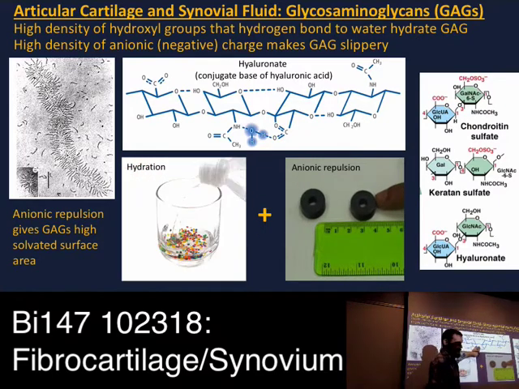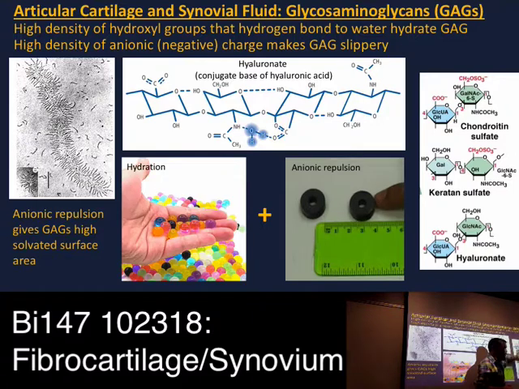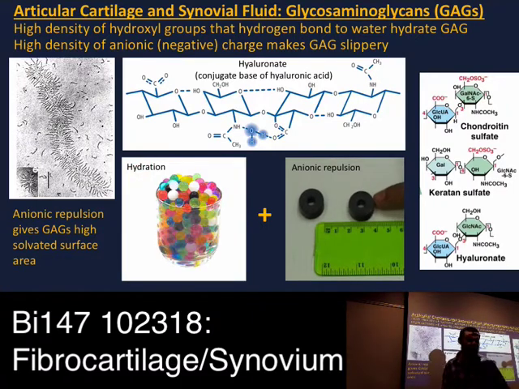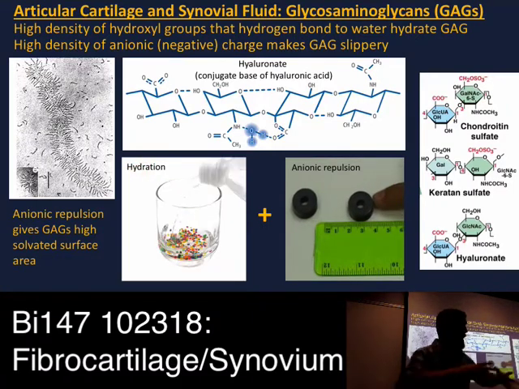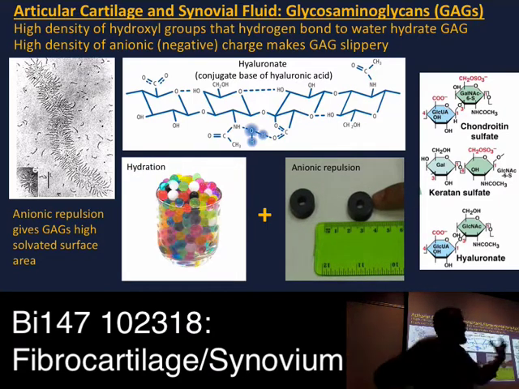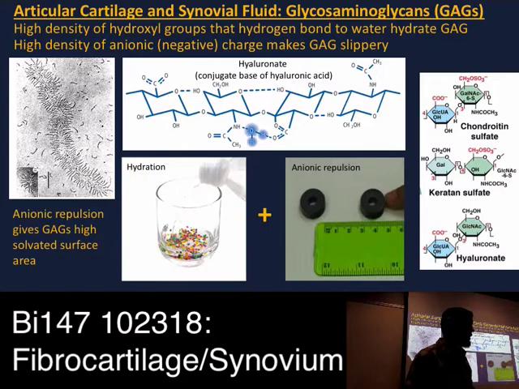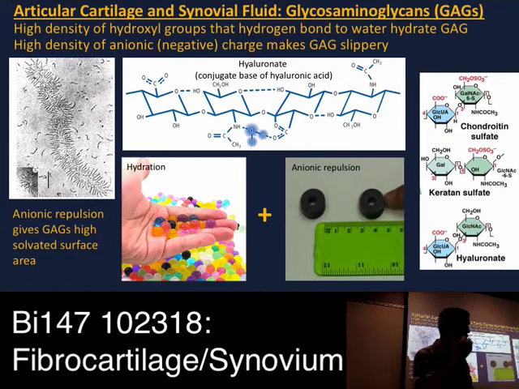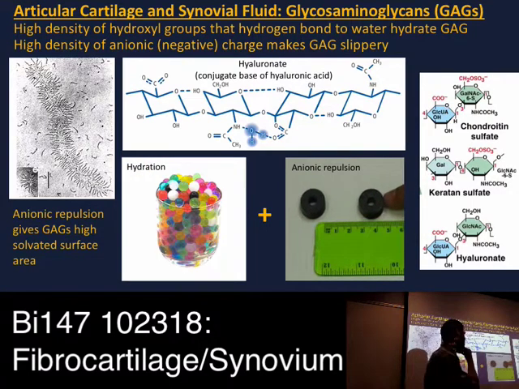Okay. Not going to ask you to draw that. I'm not going to ask you to draw any of this, but understanding that they're anionic, and it's that anionic charge that makes them open up structurally and then stay highly hydrated. That's the important thing.